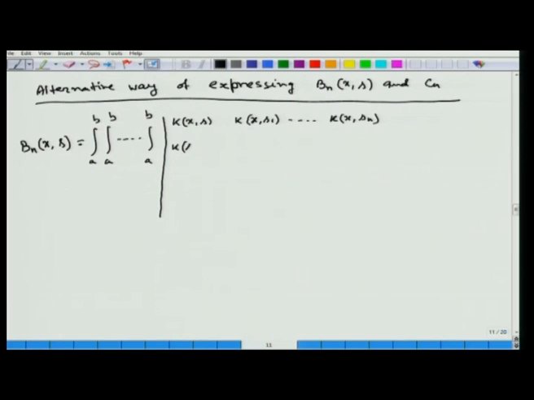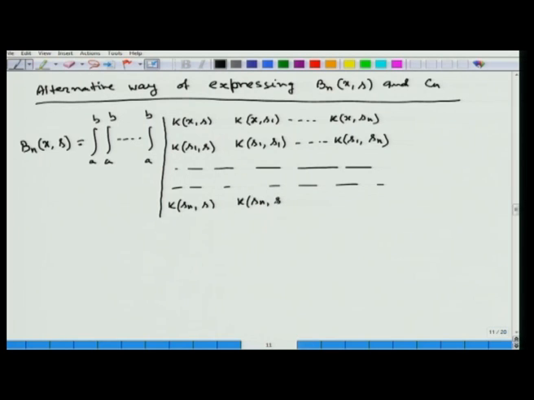Second row K(s1, s), K(s1, s1), proceeding in this way up to K(s1, sn). Finally, the last row will be K(sn, s), K(sn, s1), last term K(sn, sn), with ds1 ds2 up to dsn.